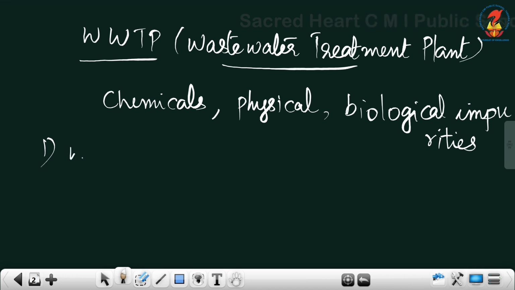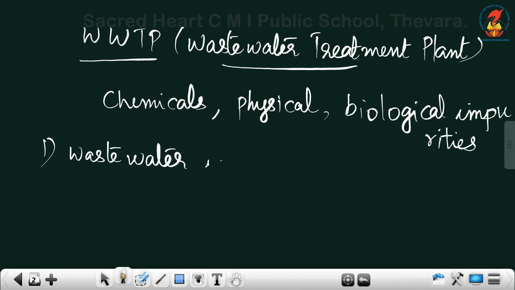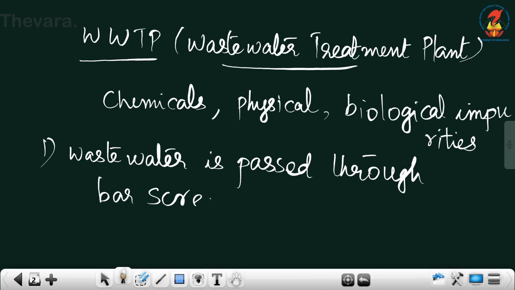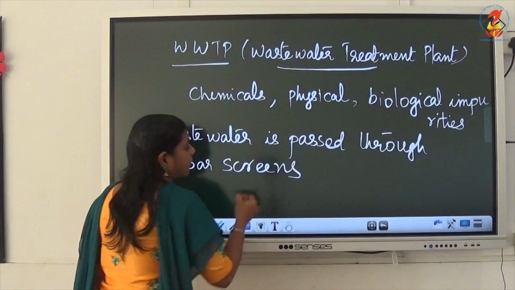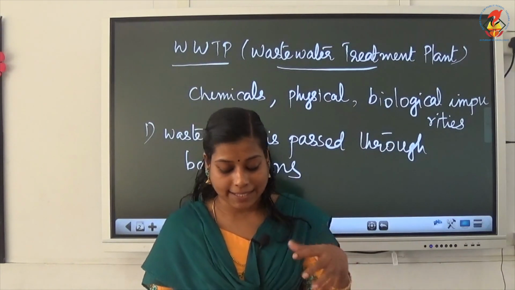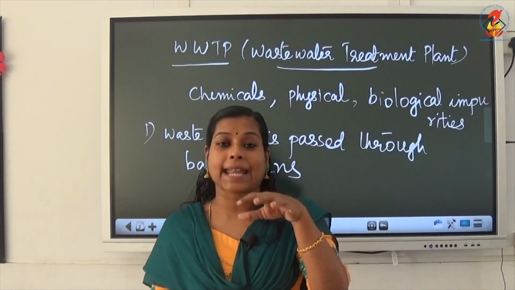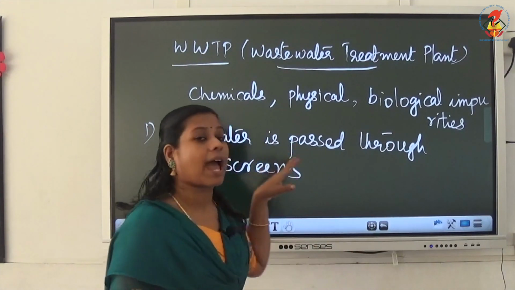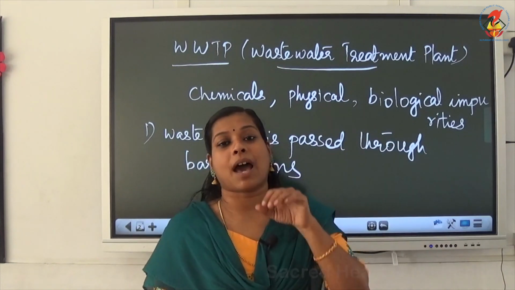When it passes through the bar screen, physical materials such as plastic carry bags, polythene bags, cans, napkins, clothes and other impurities are trapped by the screen bars.